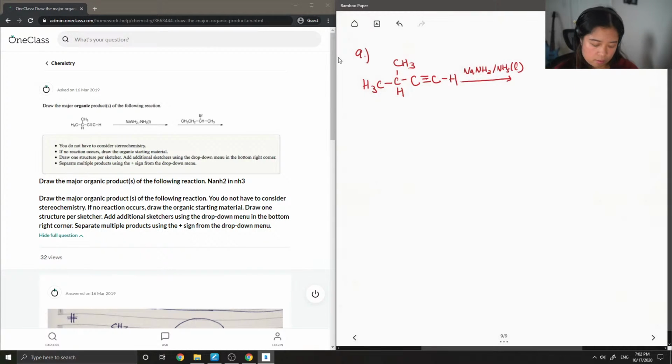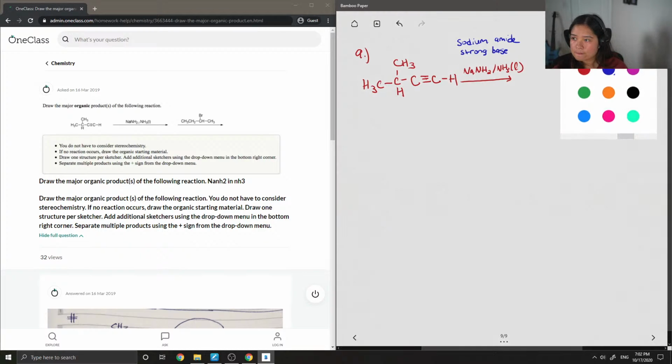Okay, so this is sodium amide. And basically it is a strong base. So it's able to take this hydrogen away from the double bond to form the following.